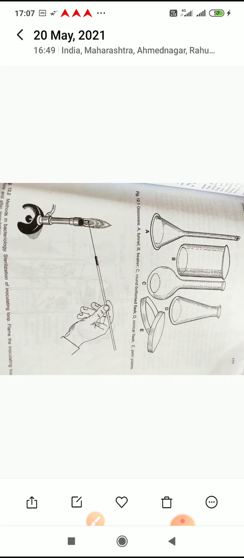So after macroscopic study, now microscopic study, another method of studying plant diseases.